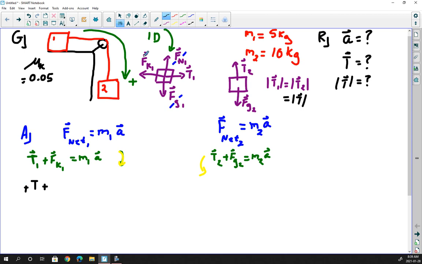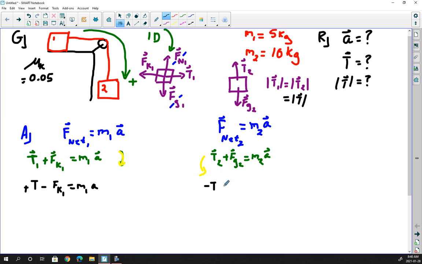And over here, we know that the force of kinetic friction is pulling in the opposite direction, so it's negative force of kinetic friction, and that's m1a. We're going to drop the vector notation. Similarly here, tension 2 is against the flow, so it's minus tension. We know T is the magnitude of it.